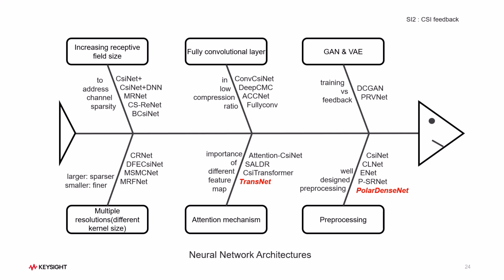In our study, we investigated two distinct approaches. First, we employed a polar dense network for the implementation of the dual polarization scenario. Second, we explored the application of a novel architecture called the TransNet, which heavily draws from the transformer-based design, similar to what is extensively used in models like ChatGPT.